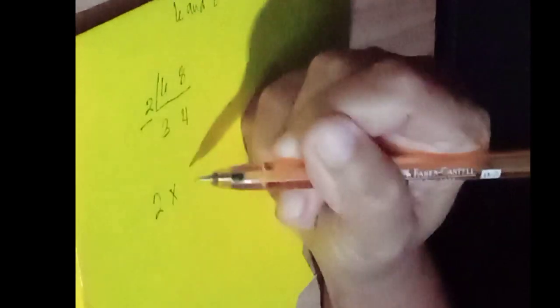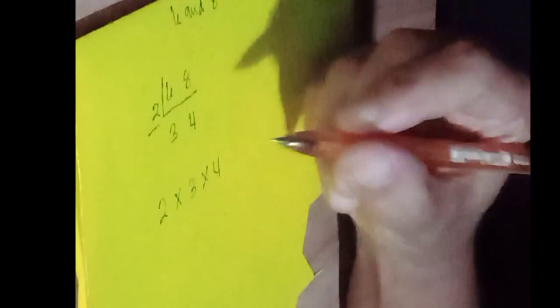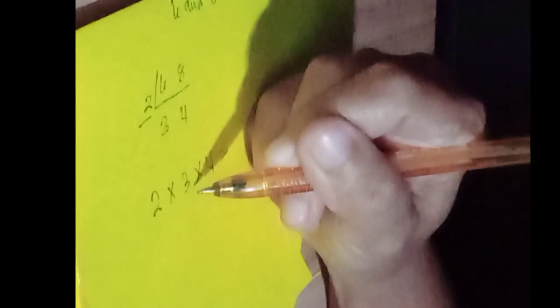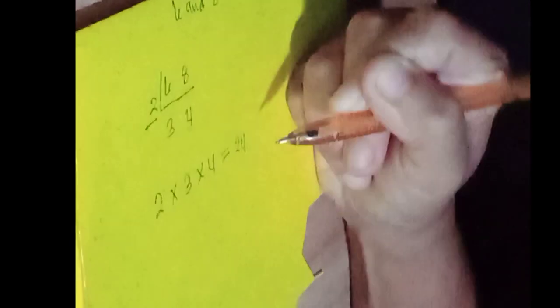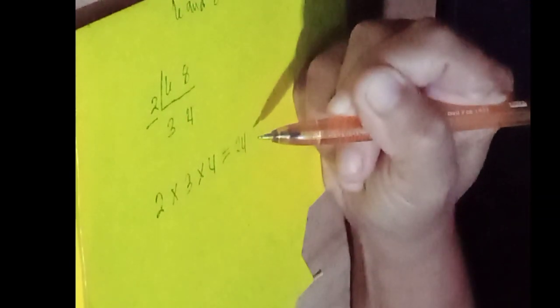So, 2 times 3 is 6, times 4 is 24. Therefore, the least common multiple of 6 and 8 is 24.